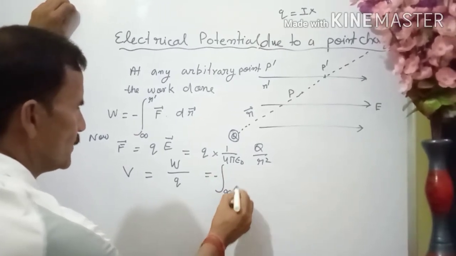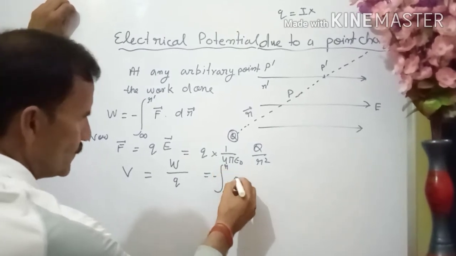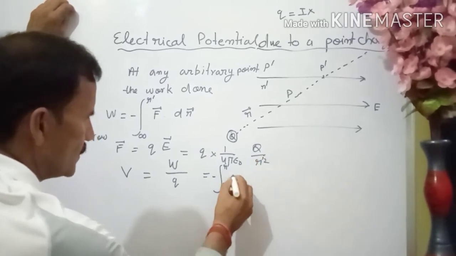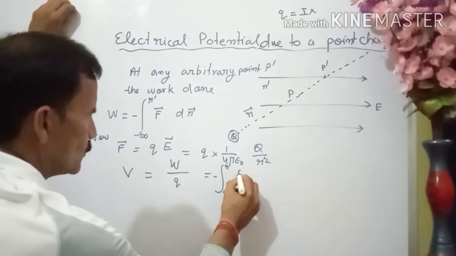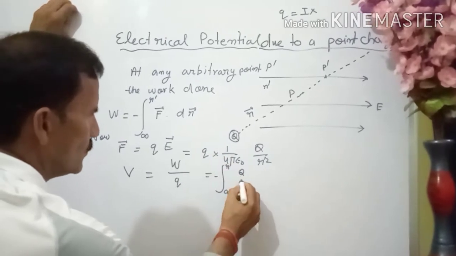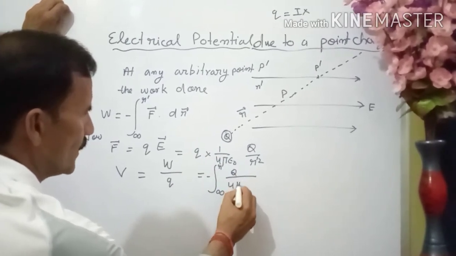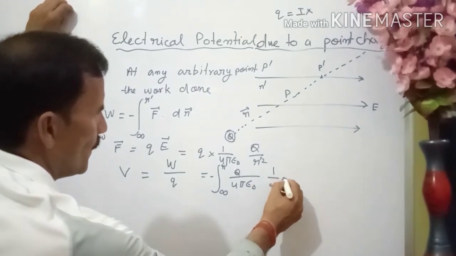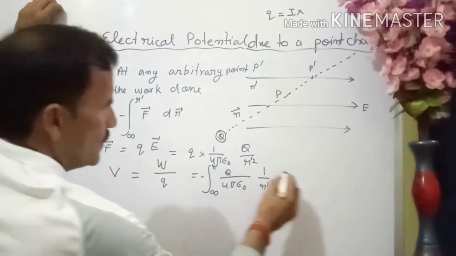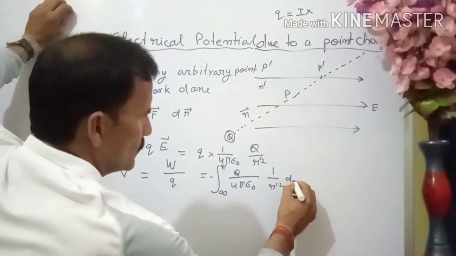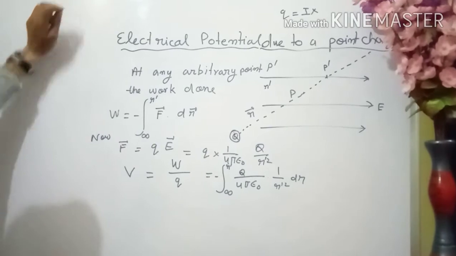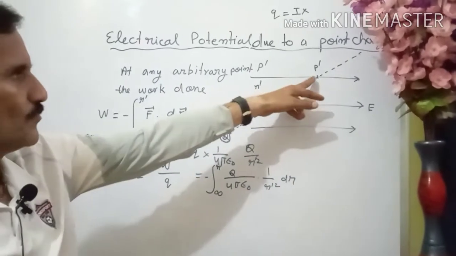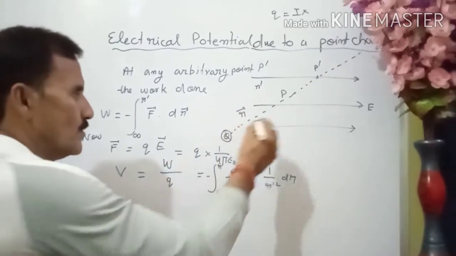Minus integral from infinity to r dash, and so you get Q upon 4 pi epsilon naught into 1 upon r dash square, dr. This is for r dash, so for P you can calculate.